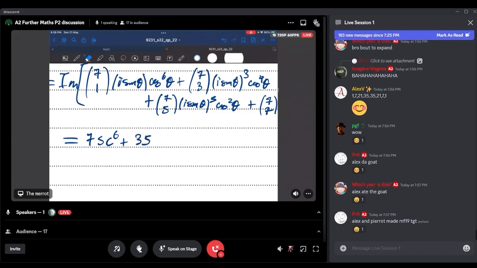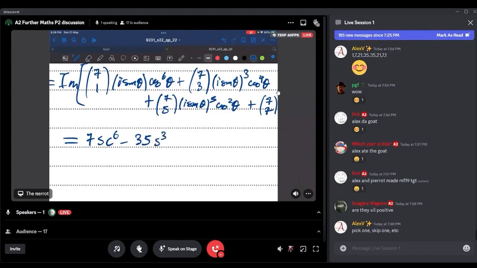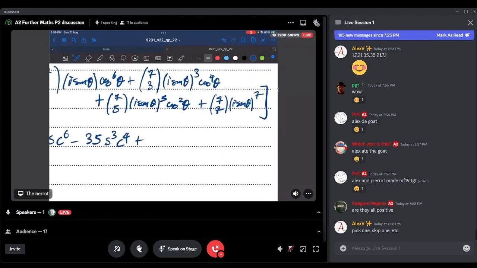So you have minus 35 sine cubed cosine power 4. And then again, 7 choose 5 is 21. Sine power 5 cosine square, and then negative because i power 7 gives you negative i. So negative sine power 7. Okay, just like that.